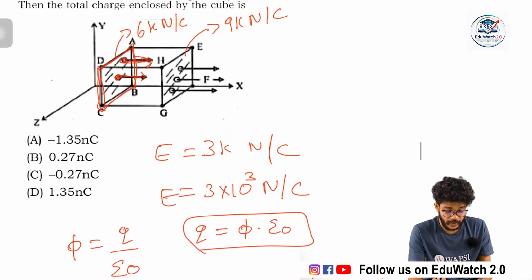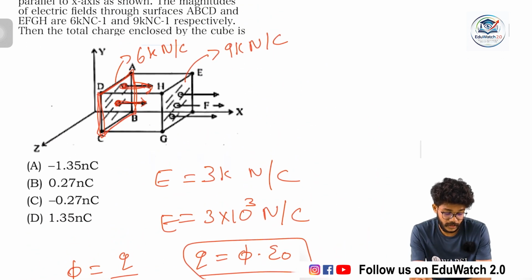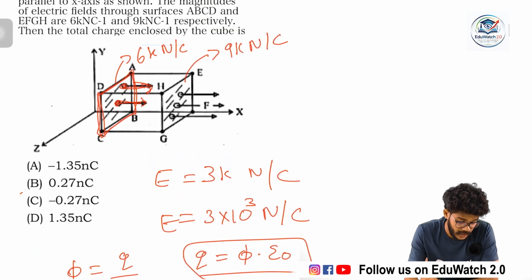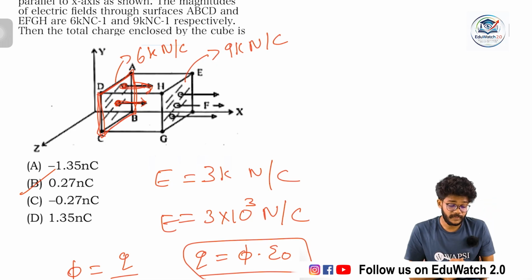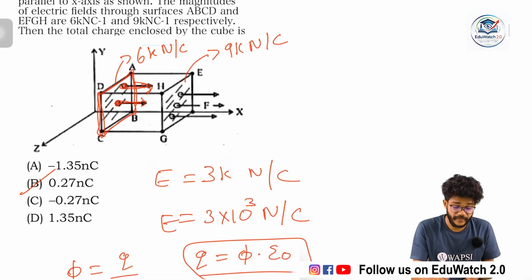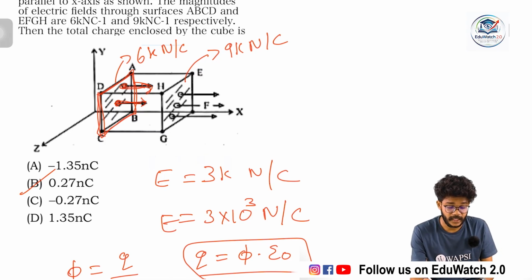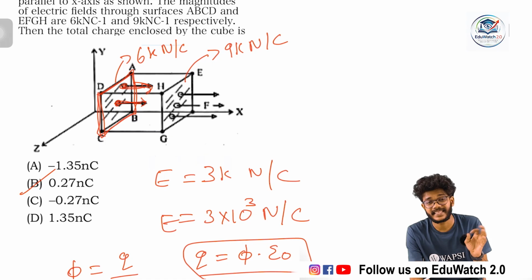So which option is correct? 0.27 nano coulomb, option B is correct, and option C is negative. Why is the answer not on the negative side? Because the change in electric field is positive. The leaving electric field is 9K and the incoming electric field is 6K, so the difference is 3K.